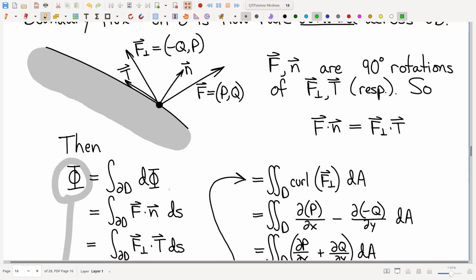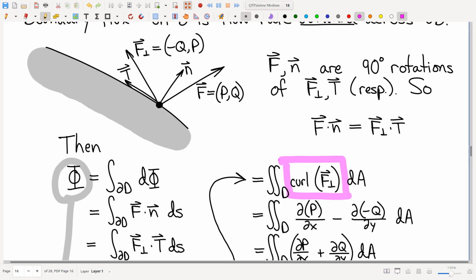How do I compute curl? Well, curl is dq dx minus dp dy. Wait a second. Curl of p comma q is dq dx minus dp dy. You've got to be careful about what is the what, and not get stuck on letters of the alphabet.